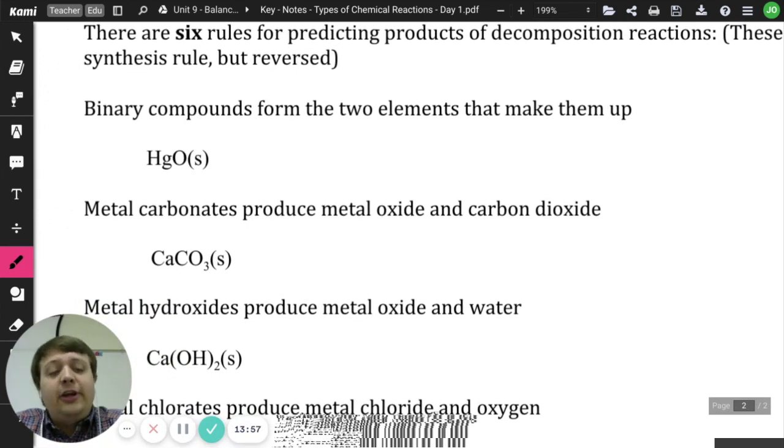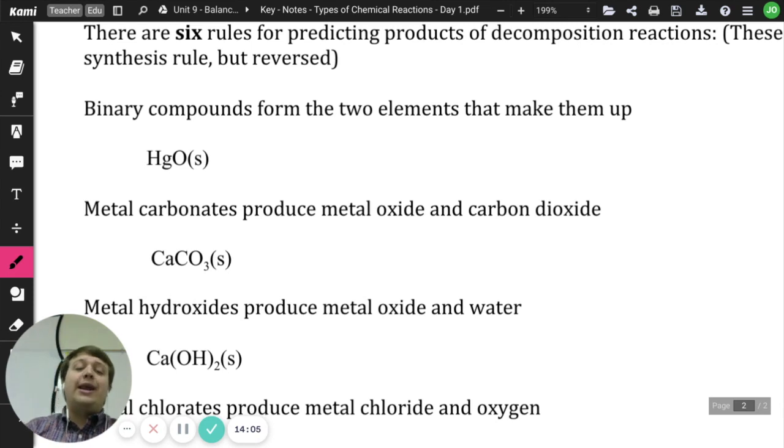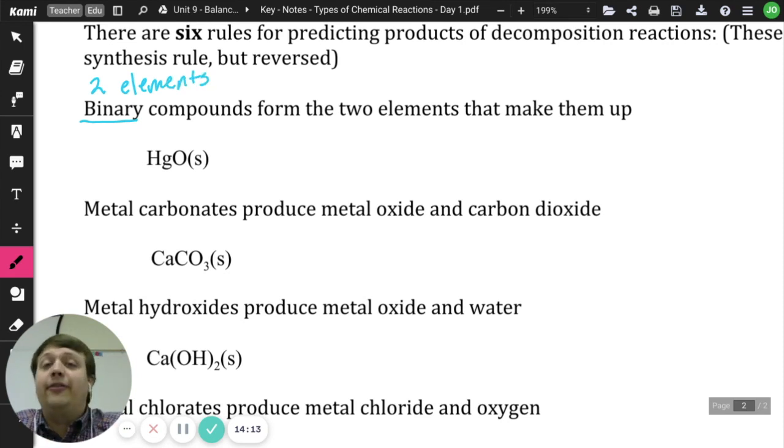Starting off, for this first decomposition, the first rule says that binary compounds form the two elements that make them up. Now, first off, what is binary? Remember, binary means you have two elements. So these are going to be compounds that have only two elements present. And this basically is rules 1 and 2 in your synthesis reactions.